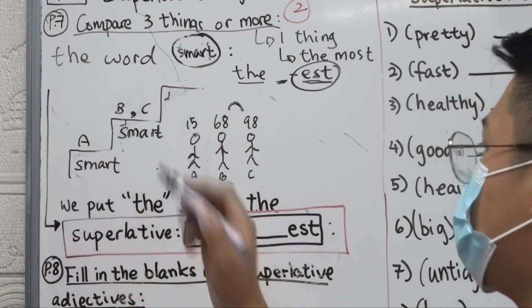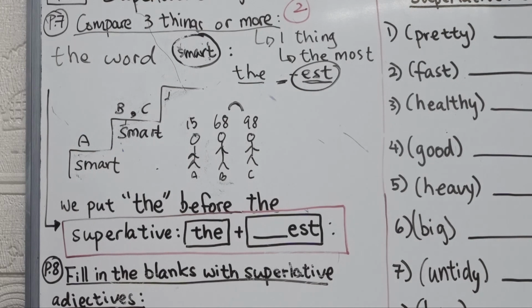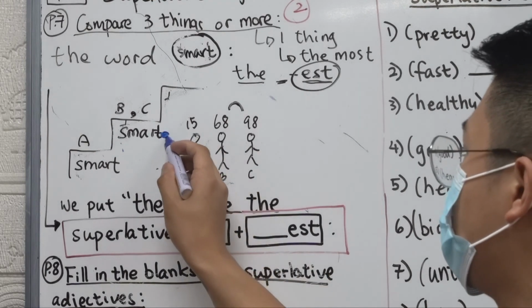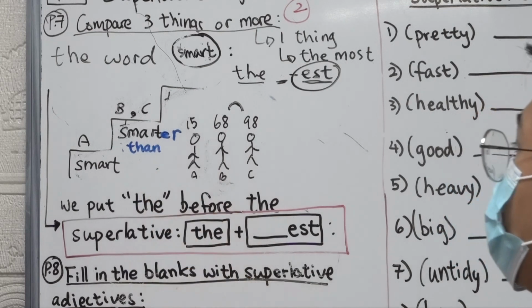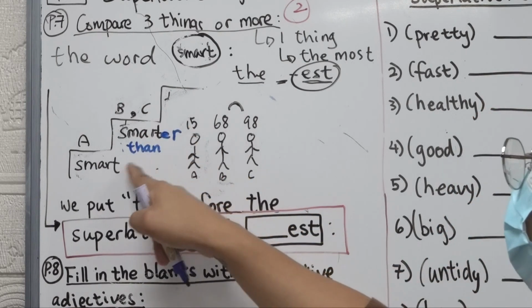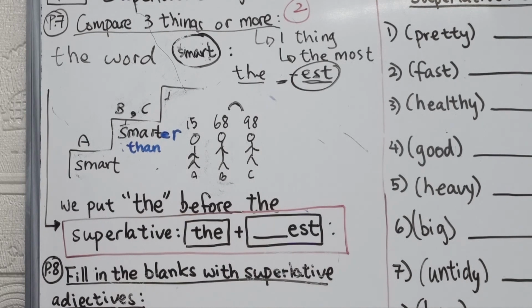S-M-A-R-T. Keep the original word and only add an ER with the word than. So both B and C are smarter than A.